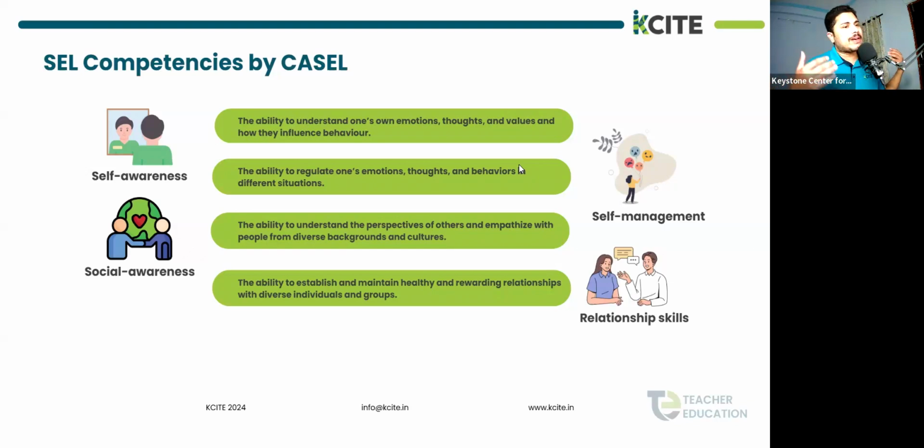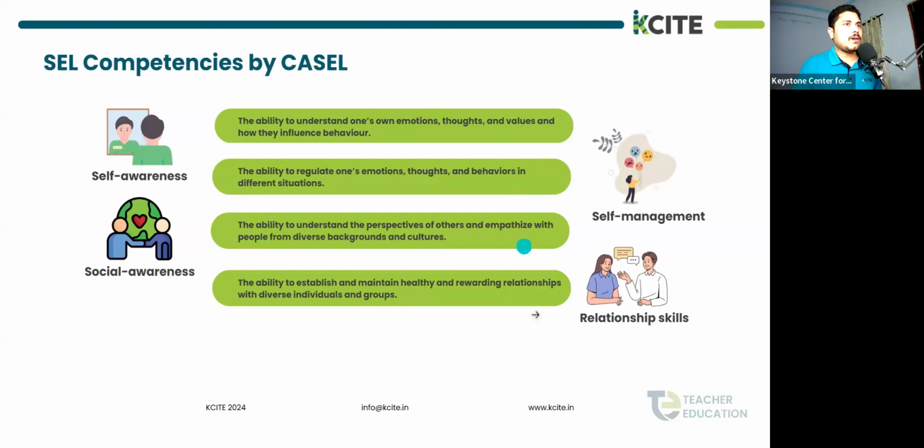Just because my friend did not agree with something I said, I'm not going to talk to him or her. If this is something I do, then I need to know how to manage myself. It will go back to those particular competencies. I have to work on my social self management competency and my self awareness competency, and only then will I be able to build the relationship skills properly.